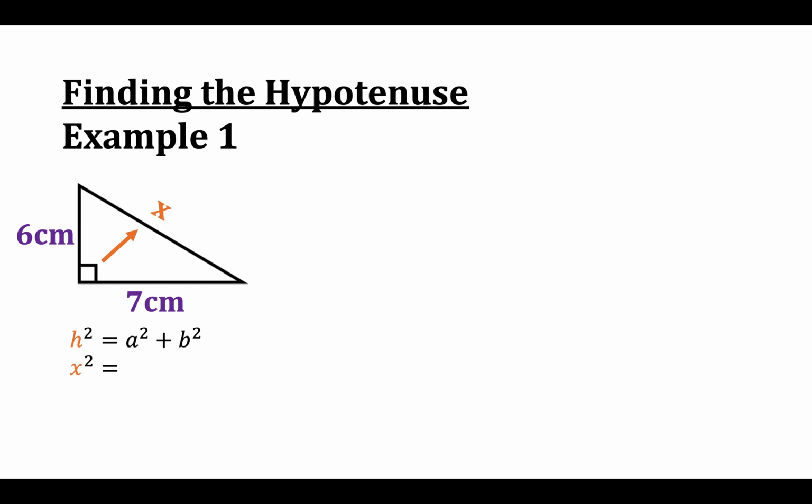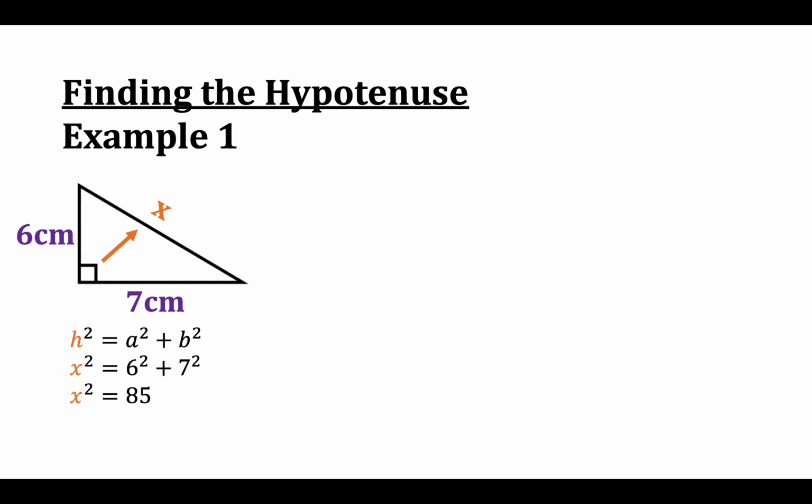So x squared is equal to 6 squared plus 7 squared. And we can put the right hand side of this equation straight into our calculator, and we can then find that x squared is equal to 85. Now, I need x to be the subject of my formula, but just now I have x squared.